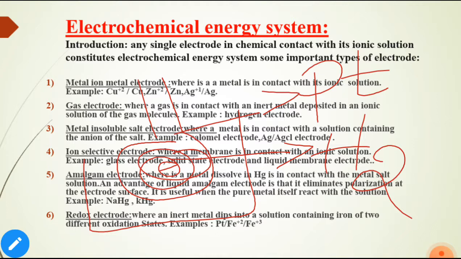Other examples of gas electrodes are chlorine, and the hydrogen electrode.